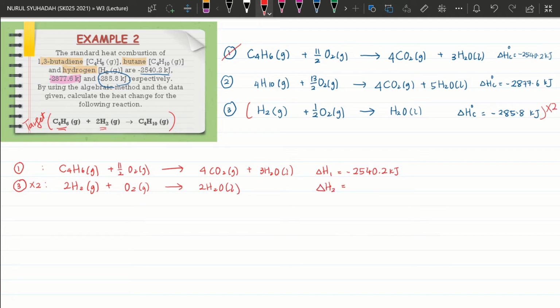Since we did not reverse the equation, it's still negative. It's just that the value is now doubled. So the value will be negative 571.6 kilojoule. Settle.